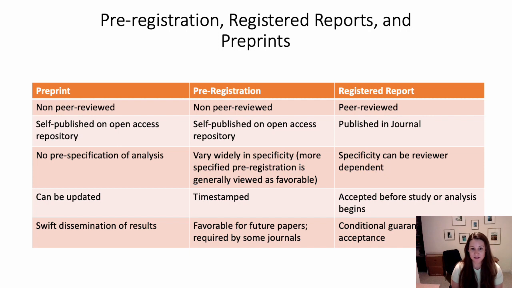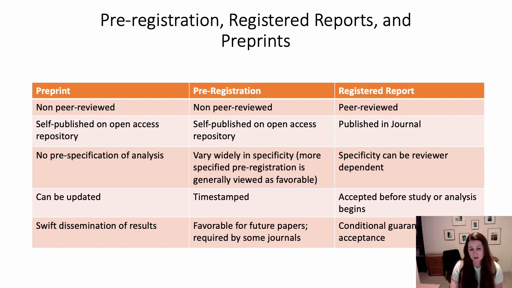Because registered reports say we will publish this no matter what we find, it should, in theory, reduce that bias where null effects are less likely to get published, and effect sizes are artificially inflated in the available literature versus what's actually been done.